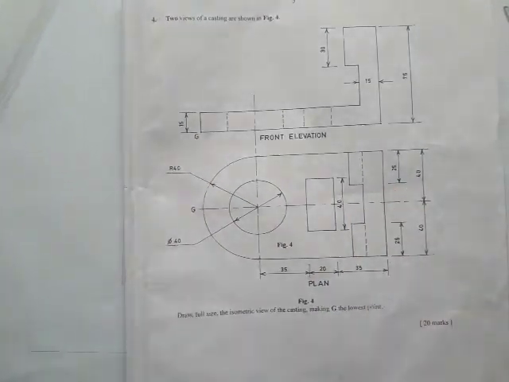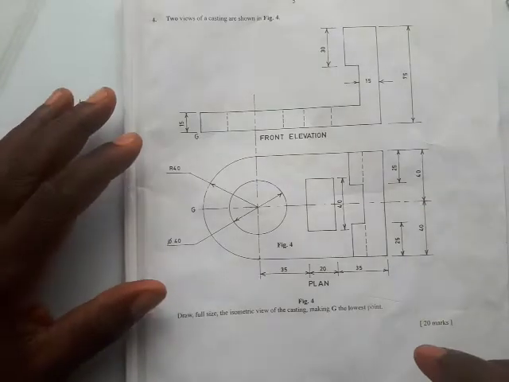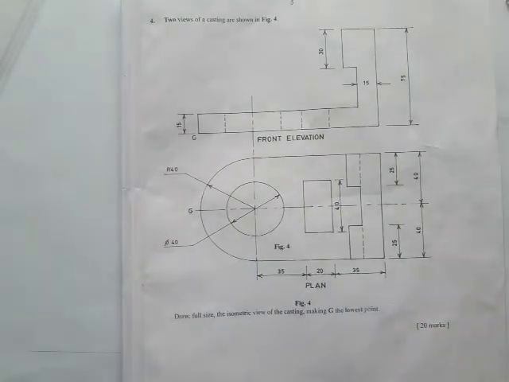Now, if you're new here, or if you're new to orthographic conversion from ortho to iso, you definitely might want to see previous videos on introduction to isometric and orthographic projection, then also conversion from orthographic into isometric. Then you might also want to see the video on isometric circle.